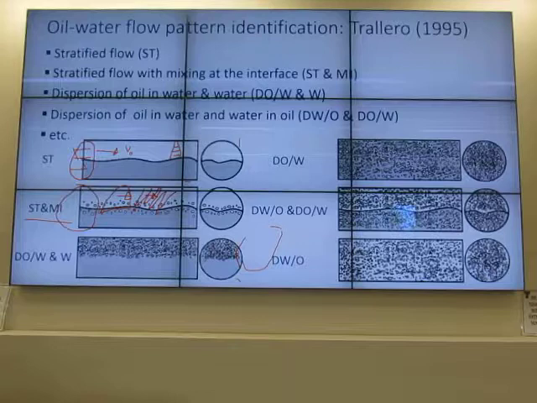Next. In which case do you think superficial velocity will be faster than actual velocity? Is it possible?